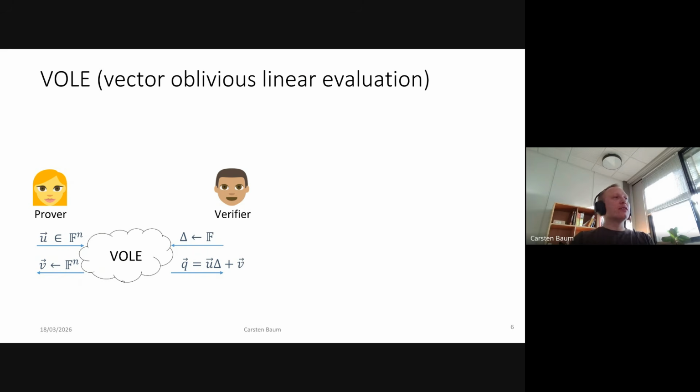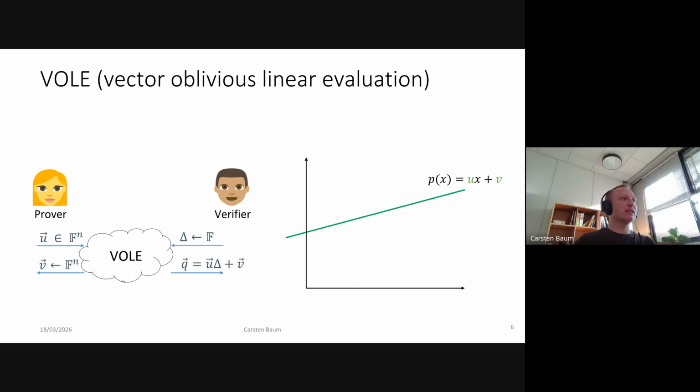So you could think about q as being the evaluation of a polynomial determined by u and v that you evaluate in the point delta.